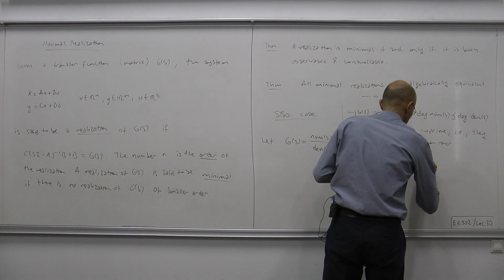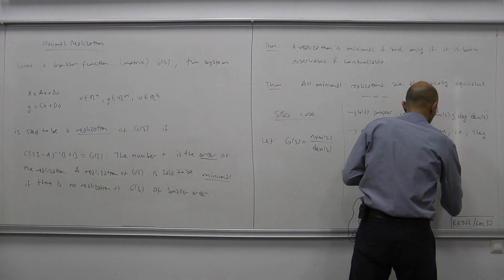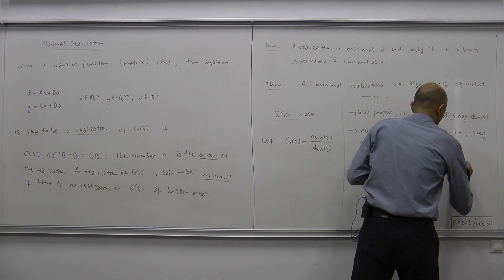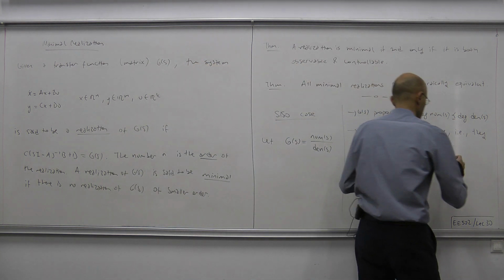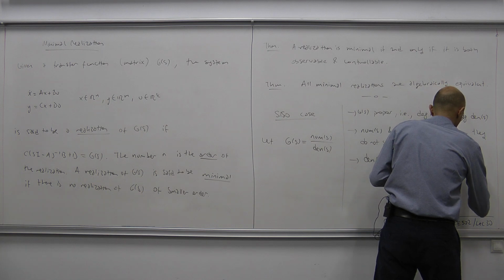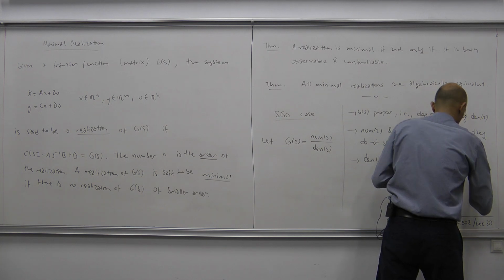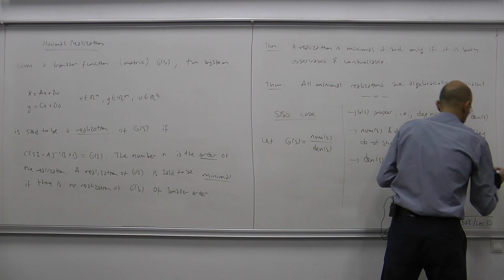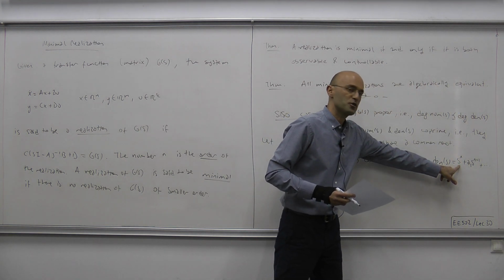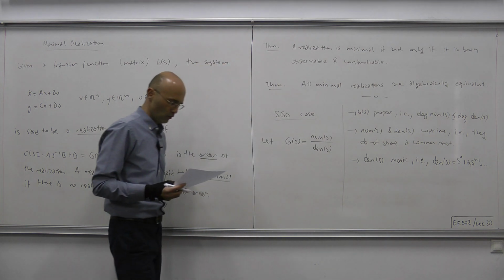That is, the highest order term has coefficient 1. So the denominator polynomial reads s to the n plus a1 s to the n minus 1 and so on. Such polynomials are called monic polynomials.